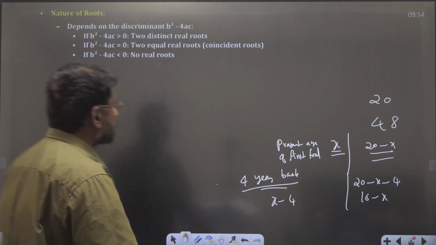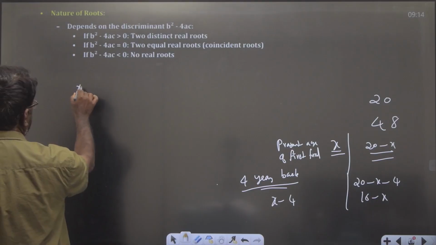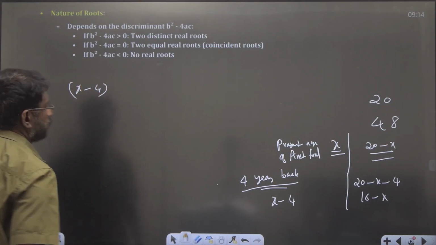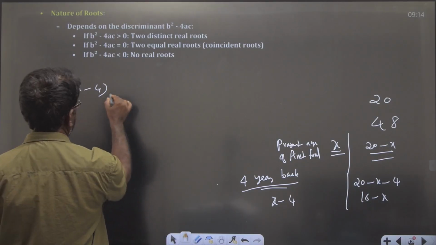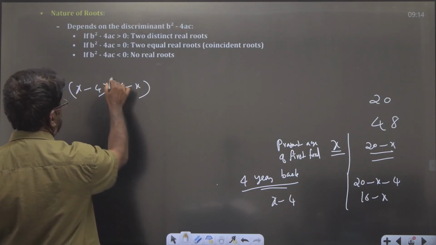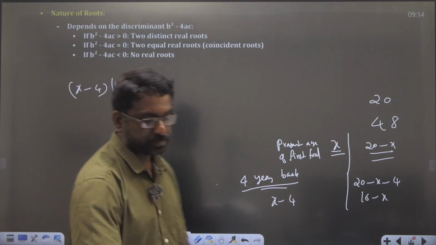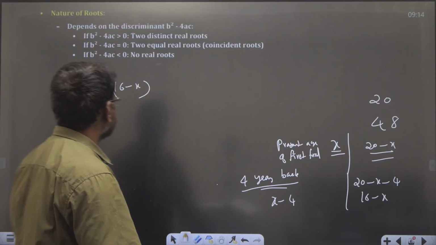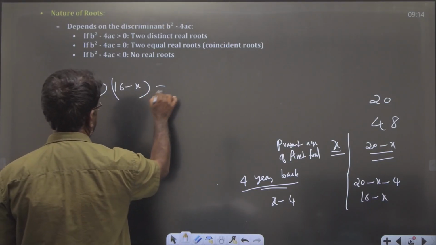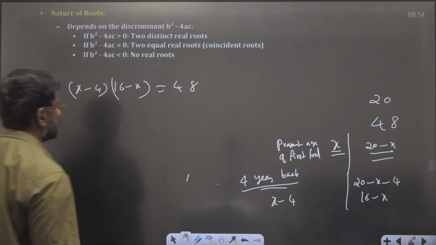Then their product four years before is x minus 4 into 16 minus x. As per the question, this is equal to 48.